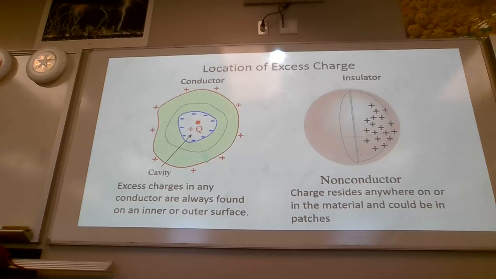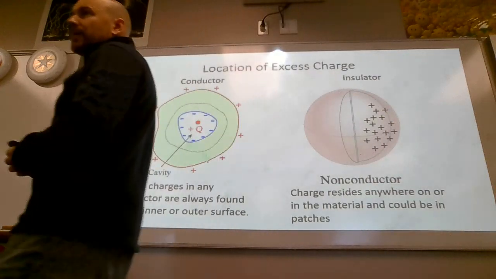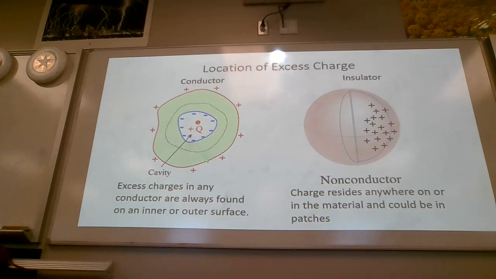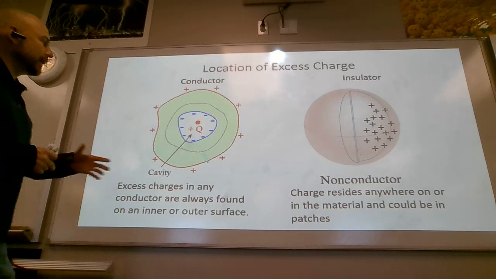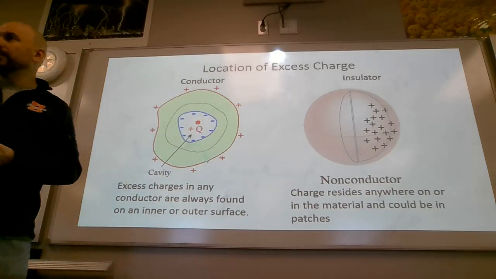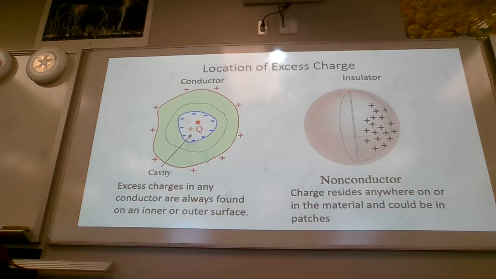It stays there. A conductor, however, the excess charge is always found on the inner or outer surface. Not in the middle here. You good with that? So it's always on the surfaces.